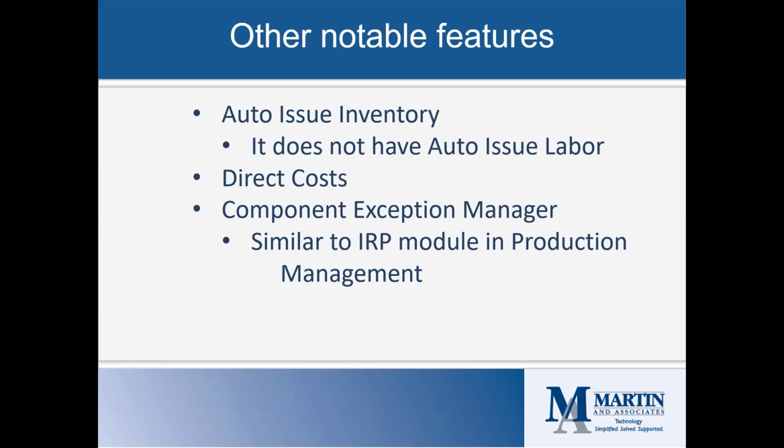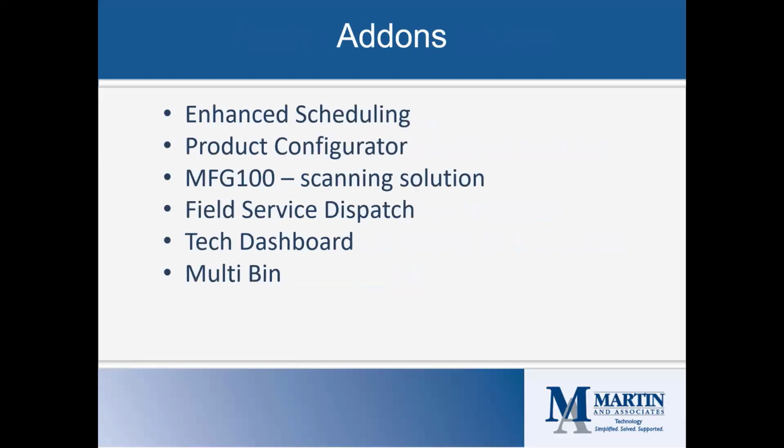I'm going to jump into the IRP. They're very, very similar, both Component Exception Manager, which is operations management, and IRP, which is production management. They're almost identical. I'm going to jump over to IRP here for the last sort of 5 minutes, just so you can see how that differs from the old MRP module.